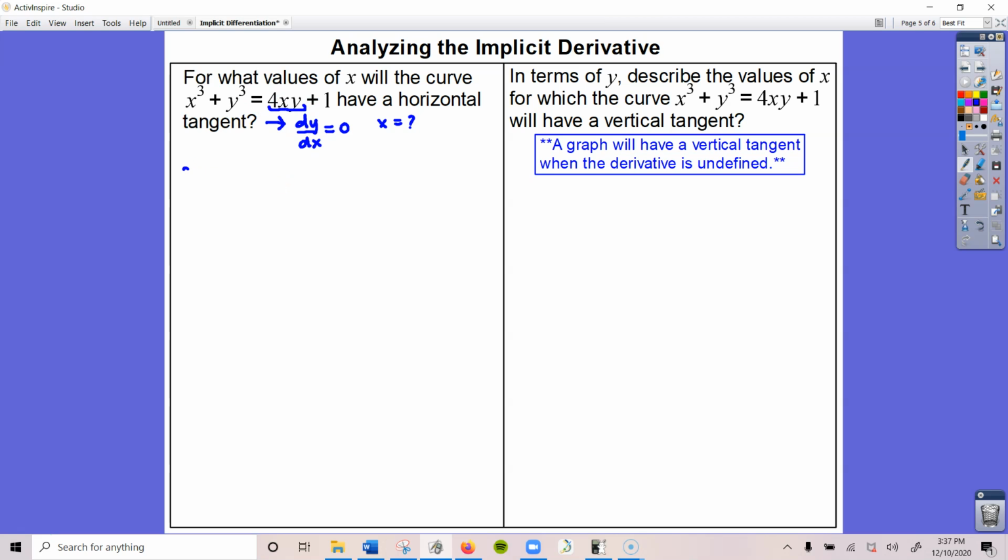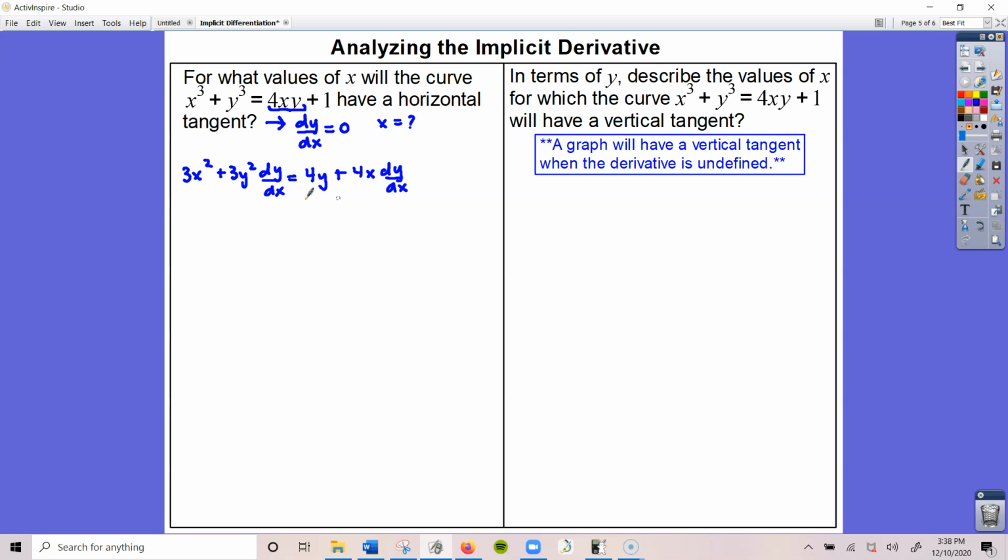So we have 3x squared plus 3y squared dy/dx is equal to 4x, the derivative of 4x is 4, and then times y, plus 4x times the derivative of y, which is dy/dx, plus the derivative of 1, which is 0.